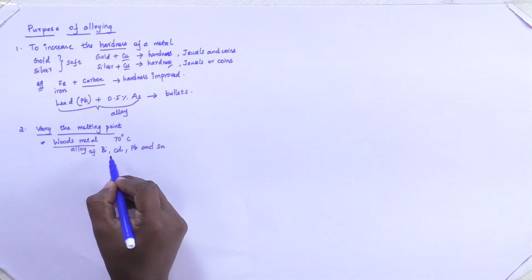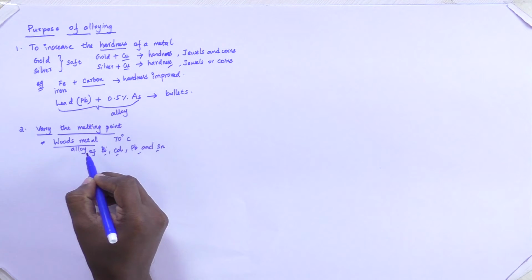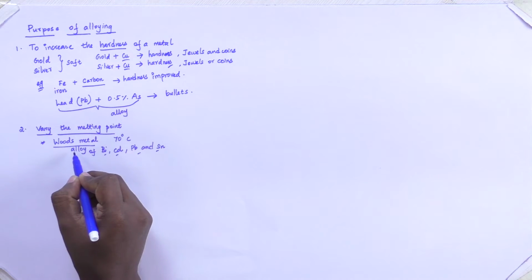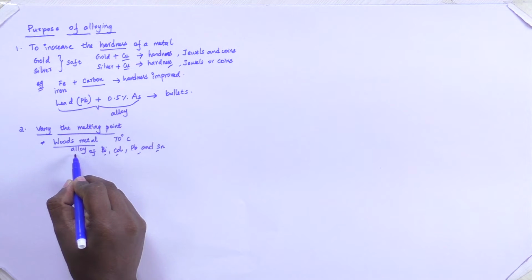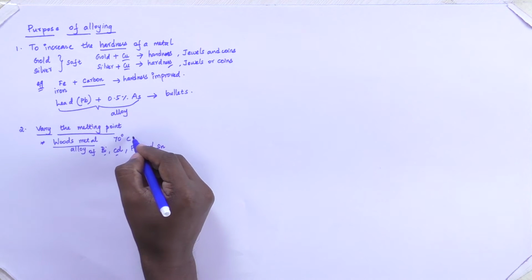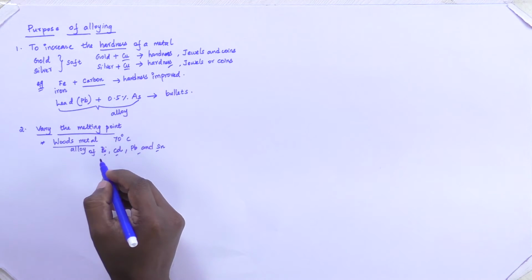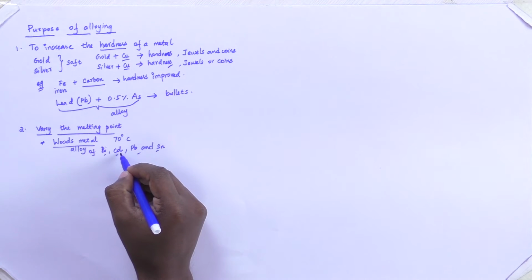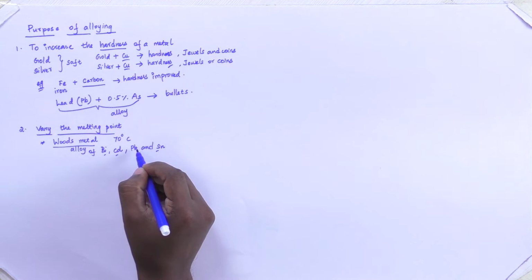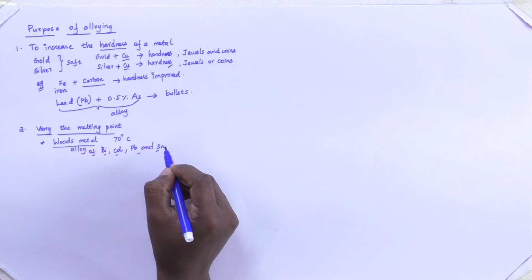In this case, it has 4 elements, and these 4 elements are mixed together to form wood's metal, an alloy, and its melting point is 70 degrees centigrade, which is lower than the melting point of bismuth, cadmium, lead and tin individually.